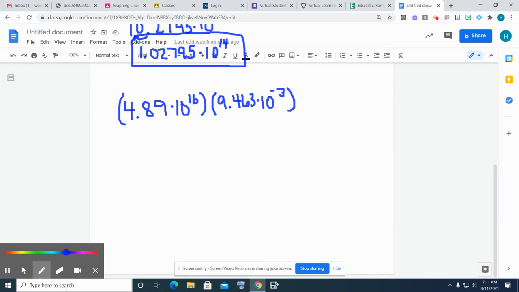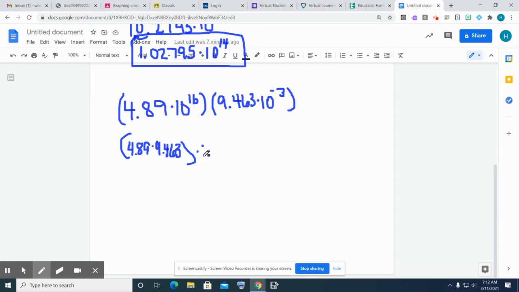All right, guys, so our second problem we're going to do with multiplying exponents. Again, we want to pull our coefficients to the front, so 4.89 times 9.463. We're going to multiply that by 10, keep the base, add the exponent, so 16 plus negative 3, which we know is the same thing as subtracting.